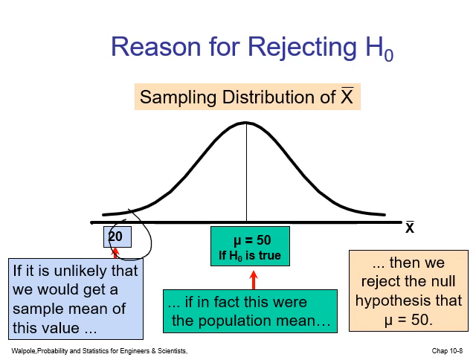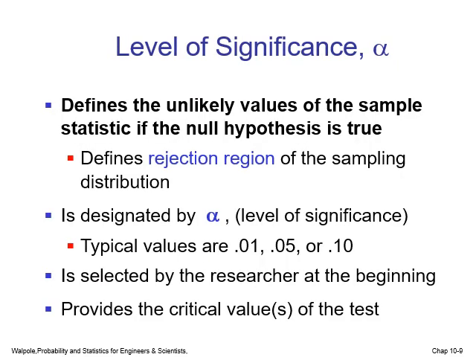First, we need to define an area where we can reject the mean. This area, we call it the level of significance. The level of significance, we define it as a rejection region of the sampling distribution, and it is denoted by alpha.